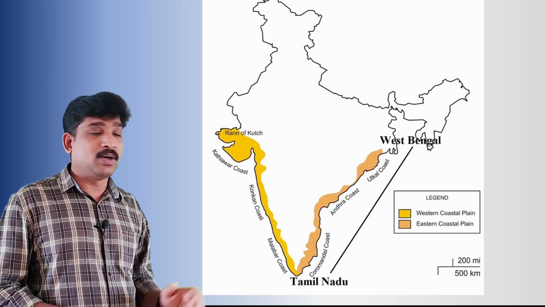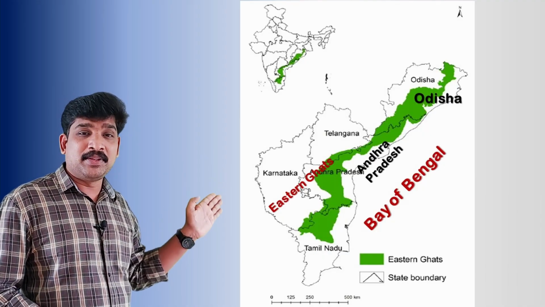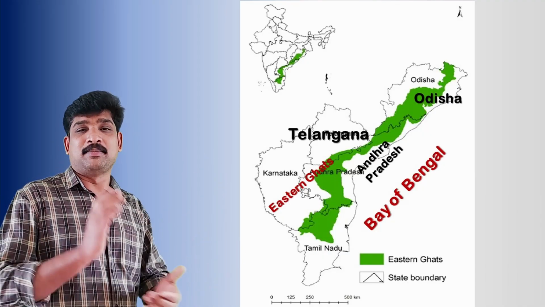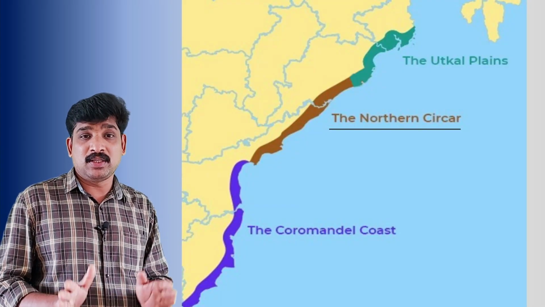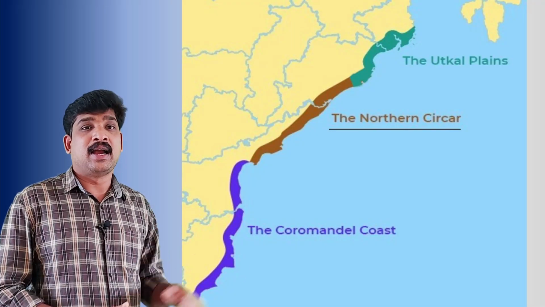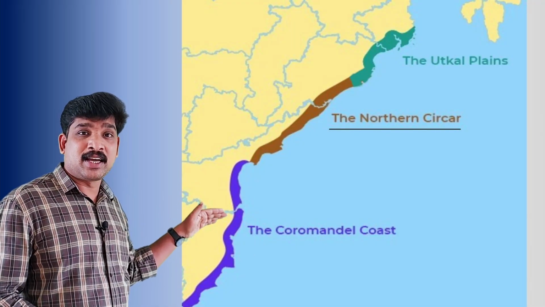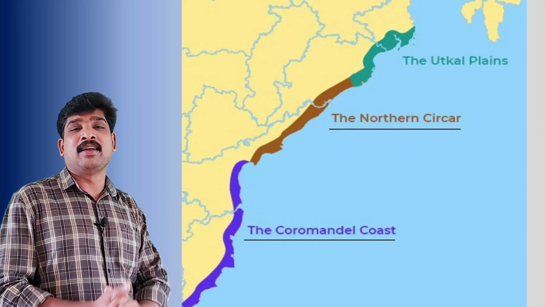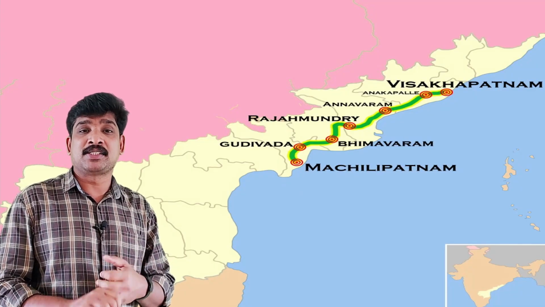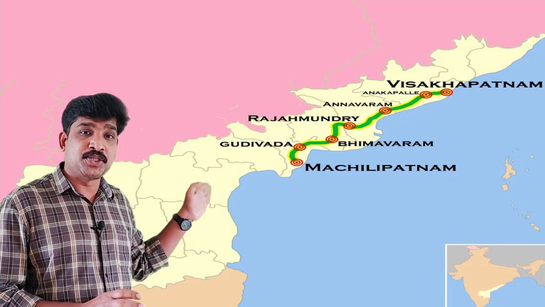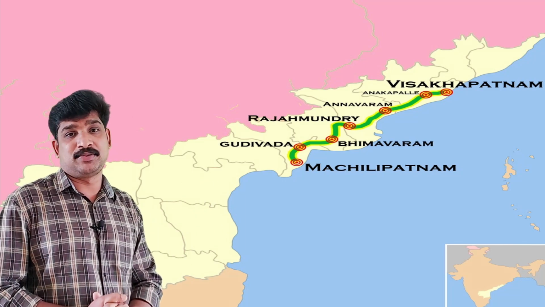They cover the states of Odisha, Andhra Pradesh, Telangana and Tamil Nadu. The northern parts of these plains are called the Northern Sarkar, and the southern part of these plains is called the Coromandel Coast. Visakhapatnam and Machilipatnam are some important harbors situated on the Coromandel Coast.